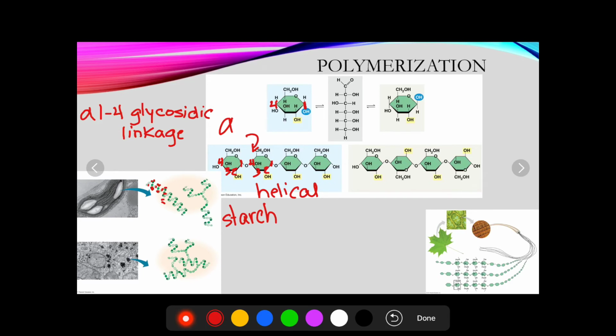My body says, let's lower the blood sugar, let's save the stuff that we don't need for now and use it later. So instead of saving it as starch, we're going to save it as what molecule? Glycogen. And glycogen, in addition to having those alpha 1,4s, is also going to have alpha 1,6.